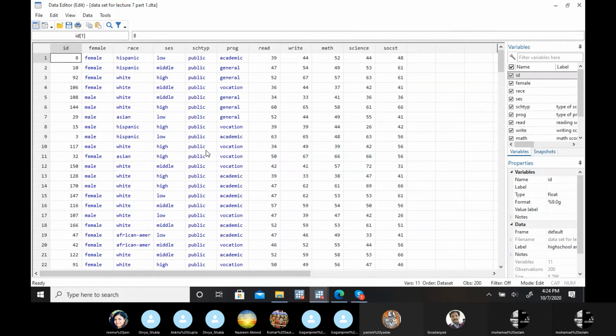So let's suppose I want to see whether females are adopting a public school or private school. Is there a difference in their proportions, or do their percentages remain more or less the same in the public schools and the private schools? Let's suppose I want to do this hypothesis testing. Now this public and private is an independent group case, right?